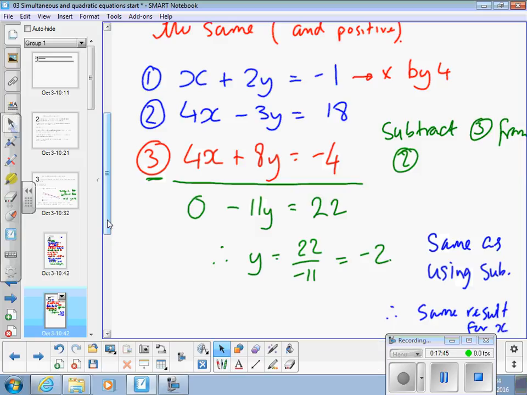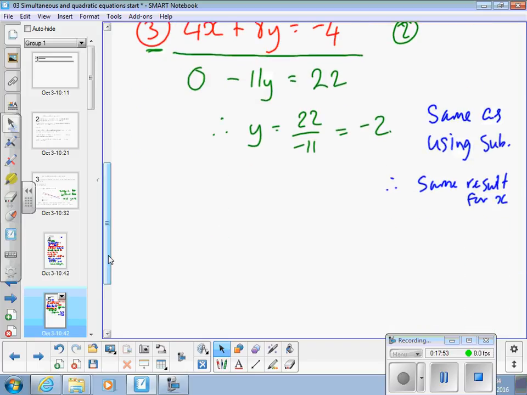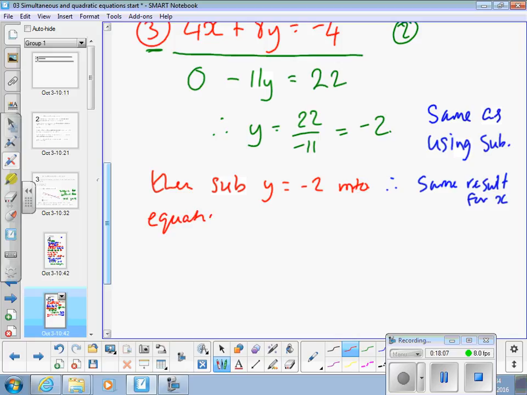So what you would do there, and I don't propose to go through all that again, but you would substitute y equals minus 2 into equation 1, for example, to find x. And x should come out as the same value as it did before, because we got exactly the same equations.